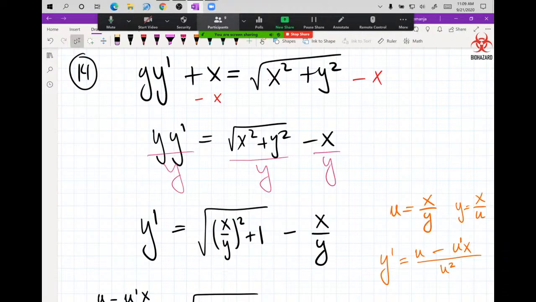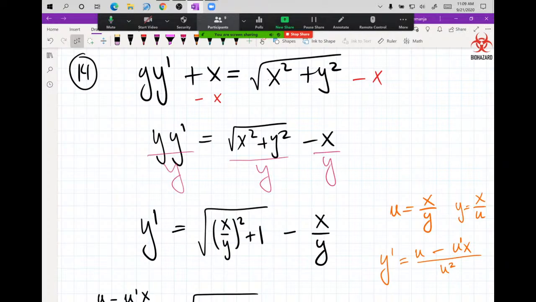So y prime plus x equals the square root of x squared plus y squared. Good. Now we subtract x on both sides. That's minus x. Then we divide both sides by y to get y prime alone. That's important for substitution problems.